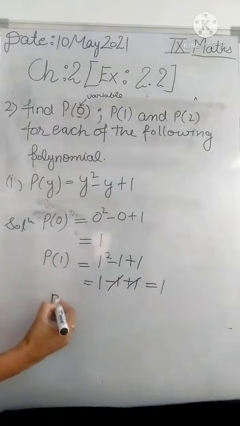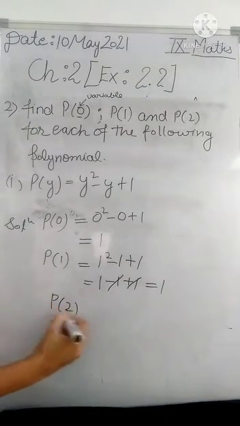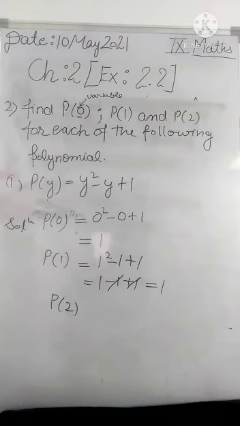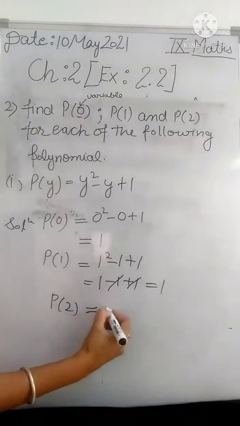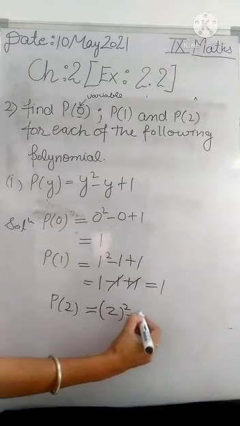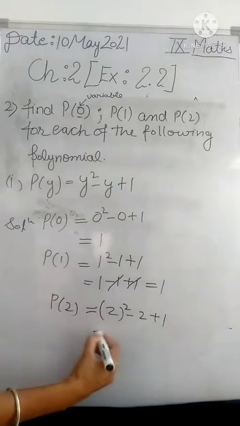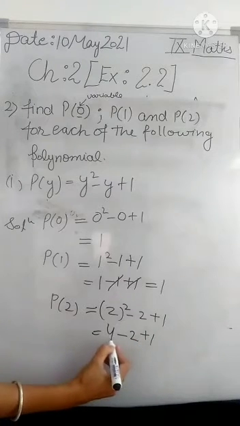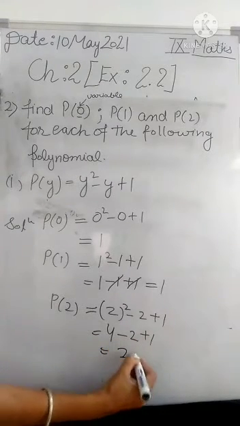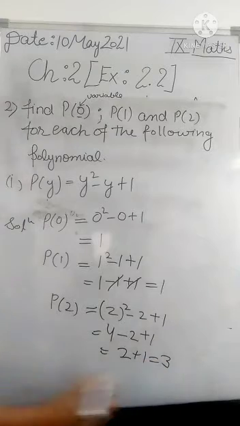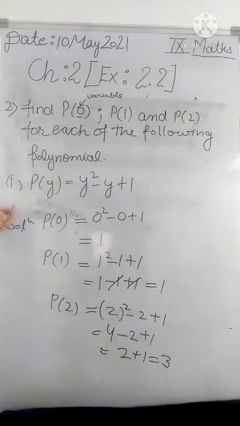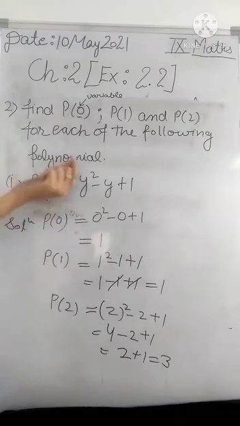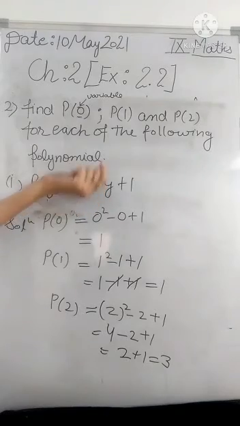Now p(2), now I substitute 2 in y in the given polynomial, that is 2 square minus 2 plus 1. 2 square that is 4 minus 2 plus 1, that is 4 minus 2, that is 2 plus 1 is equals to 3. So here I have find the value of p(0), p(1), p(2) for the polynomial p(y) is equals to y square minus y plus 1.